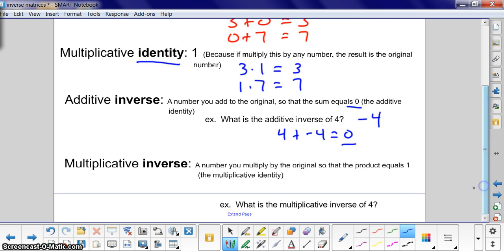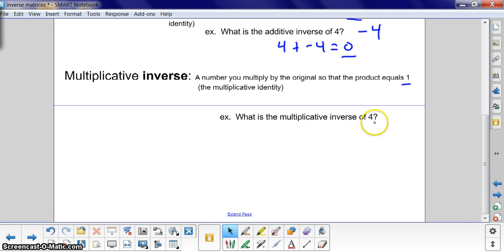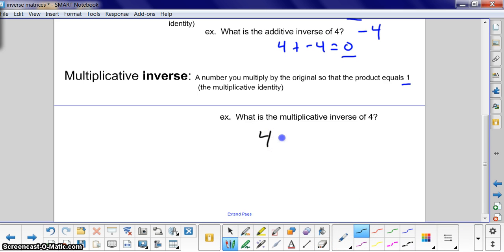And we have the same thing for multiplication. The multiplicative inverse is a number such that if you multiply the original number by the inverse, you get 1, where 1 was the multiplicative identity. So if I ask the question, what is the multiplicative inverse of 4? You're asking yourself, okay, well, let's see, 4 times what number is equal to 1?